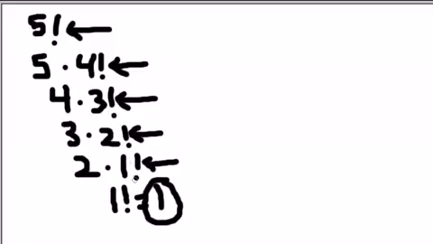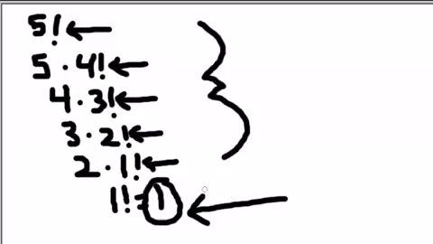Now we can begin filling in the blocks, all of this, by the way, is stored in memory. So now that we finally found a real answer and don't have to call myself again, we can begin filling in all the blocks for all of this. So let me go ahead and change this. And it says, alright, 2 times 1 is 2. Problem solved. Out of the way. 3 times 2 factorial, well, since we know this is 2, this is 3 times 2, which is 6. 4 times 3 factorial is 24.